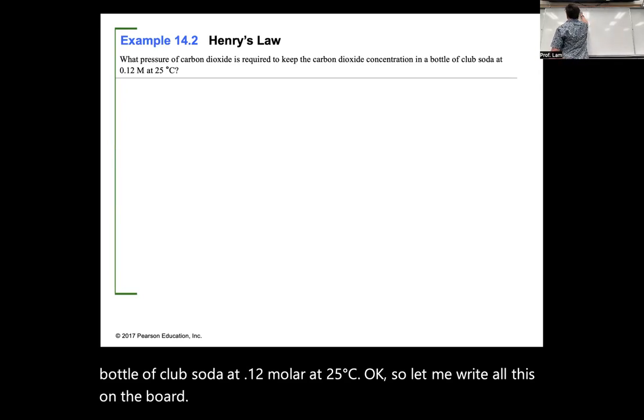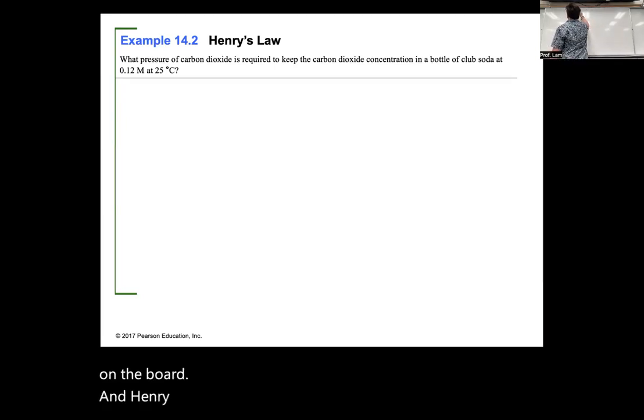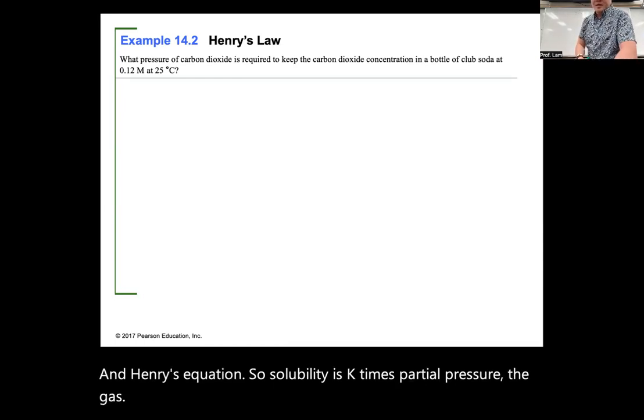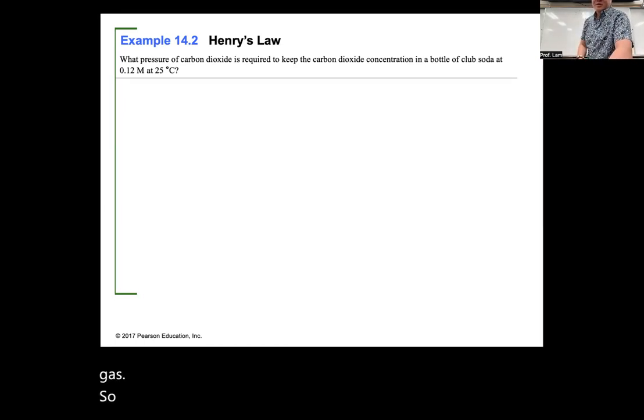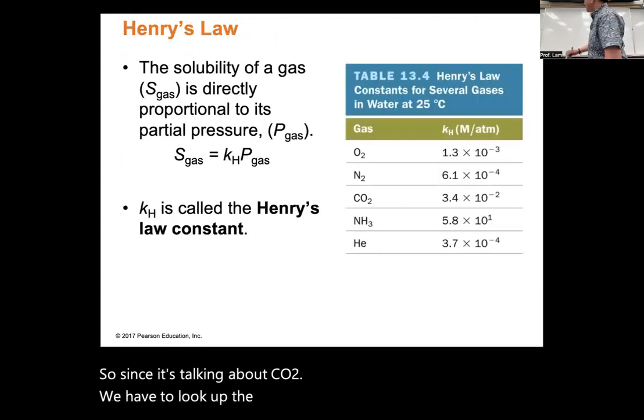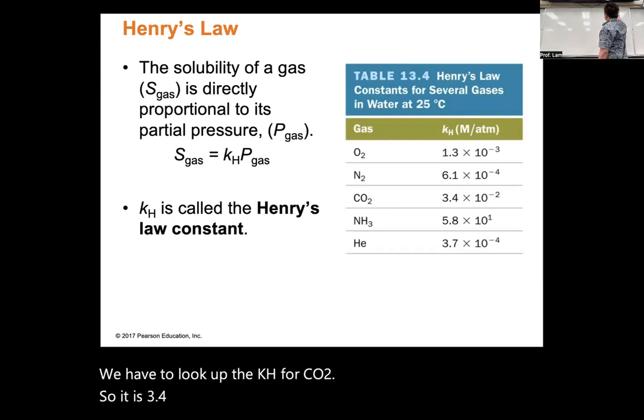And Henry's equation. So solubility is Kh times partial pressure of the gas. So since it's talking about CO2, we have to look up the Kh for CO2. So it is 3.4 times 10 to the minus 2.